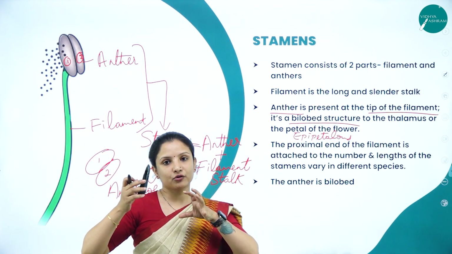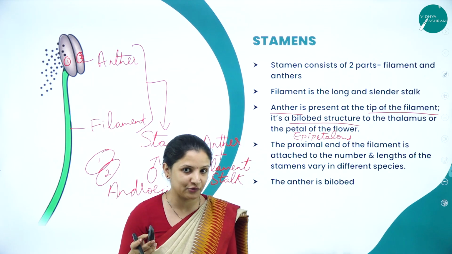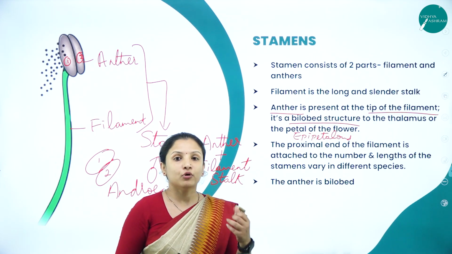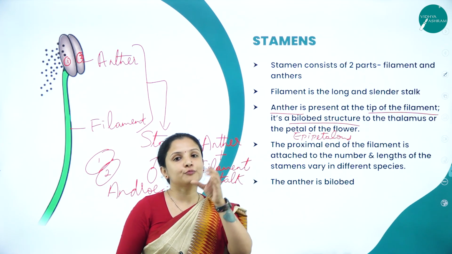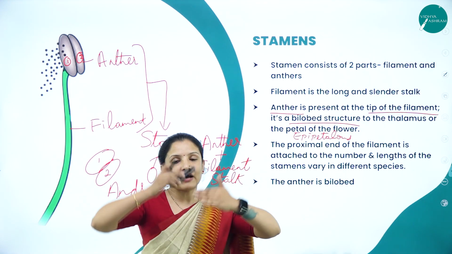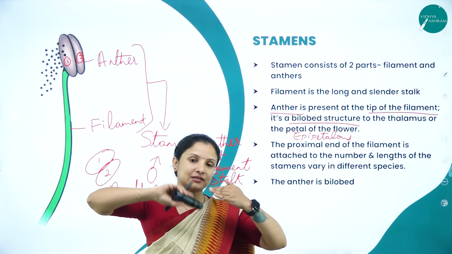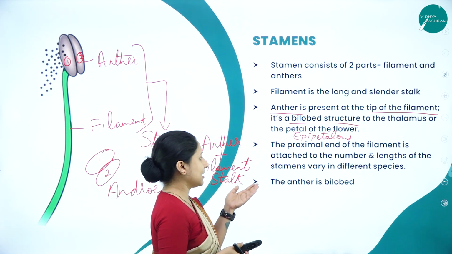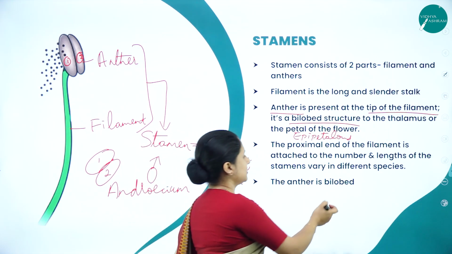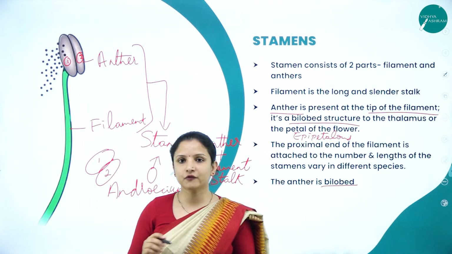If the anthers are in groups, that is, monadelphous, diadelphous, polyadelphous, which you studied in first PUC, you have to brush up. Each group will have a different length of filament, so the height of the stamens will vary. And the anther is bilobed, as I've already told you, made up of two lobes.